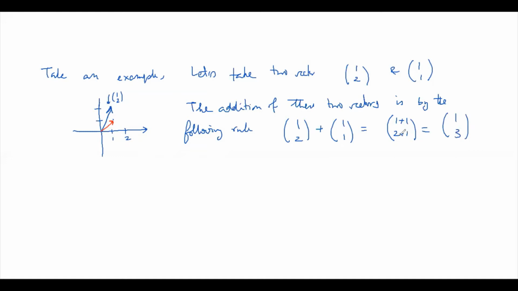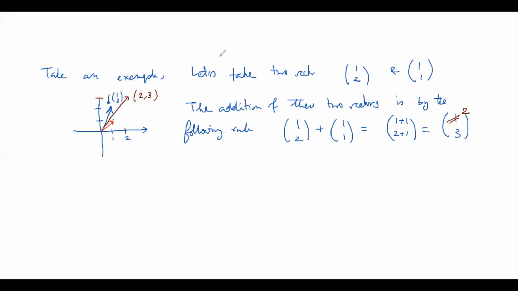So let's find the point 2, 3 with another color. I'm sorry, I said 1, 3 earlier, but this is actually 2, 3. That was a mistake. The point 2, 3 is somewhere here, and you draw the line to this point 2, 3.